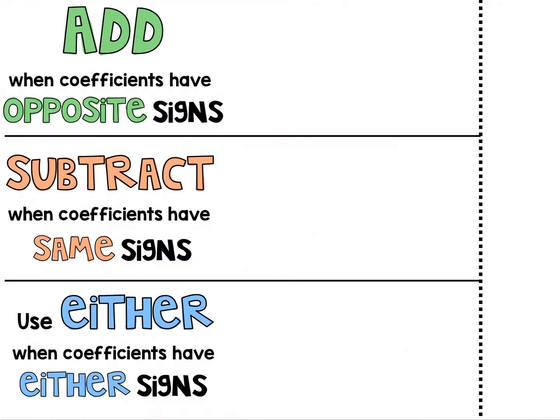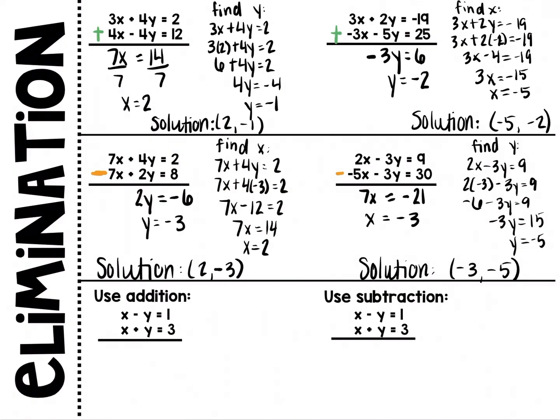So now if you have both coefficients lining up, like on x and y, they both match, you can do either. It doesn't matter. Whichever one you decide to cancel out is fine. So when you have either signs, you can use either one. You can use add or subtract. And so this is what this means. So when we're looking at this, we're going to do one with addition.